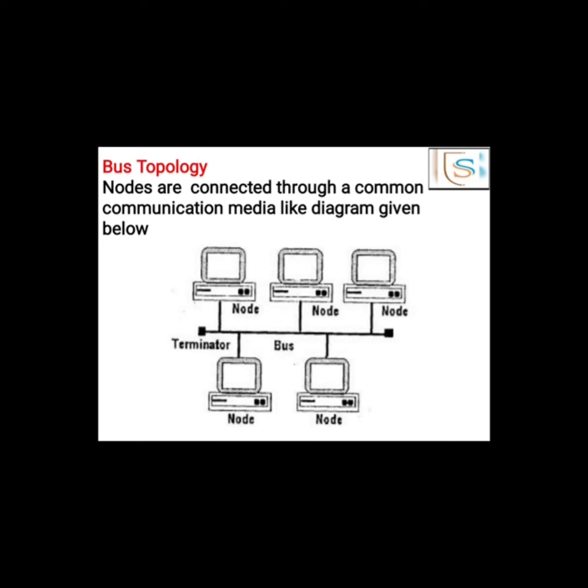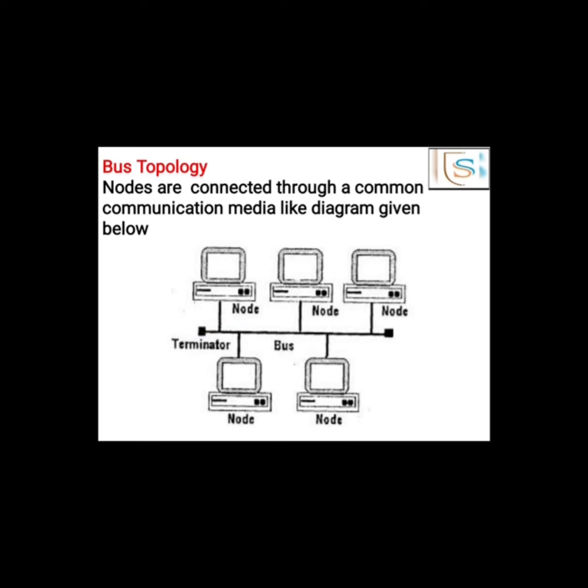In the bus topology, we have one common link or one common cable which has a terminator or an end at one side, and the other side has a transmitter or a receiver. All the nodes, all the computers are attached to that single communication line.